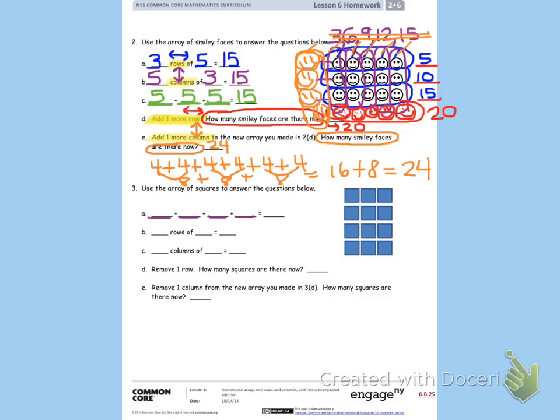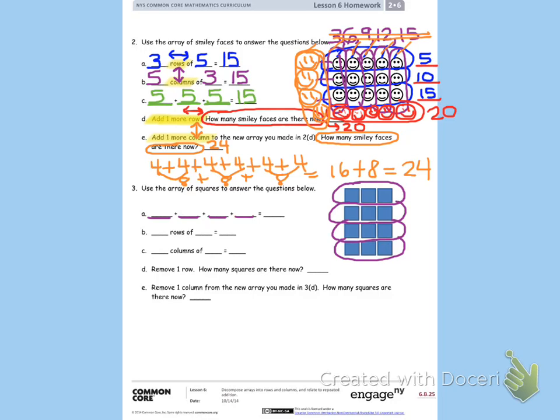Well, it seems to me that I can see 4 groups here. 1, 2, 3, 4. Use those numbers for your repeated addition equation. And then add them up.